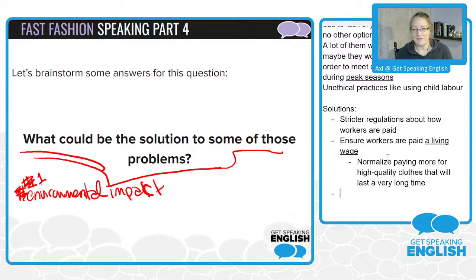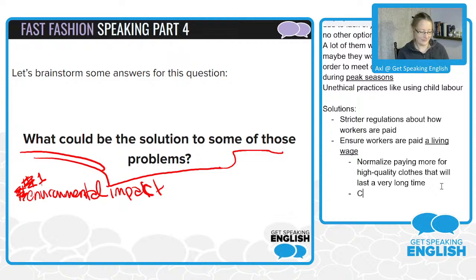Although, I say that you have to pay more for clothing, but these companies are making billions of dollars, right? So maybe they need to just normalize paying their executives less, paying the people at the top less money and giving some of that money to the workers, maybe. Yeah.